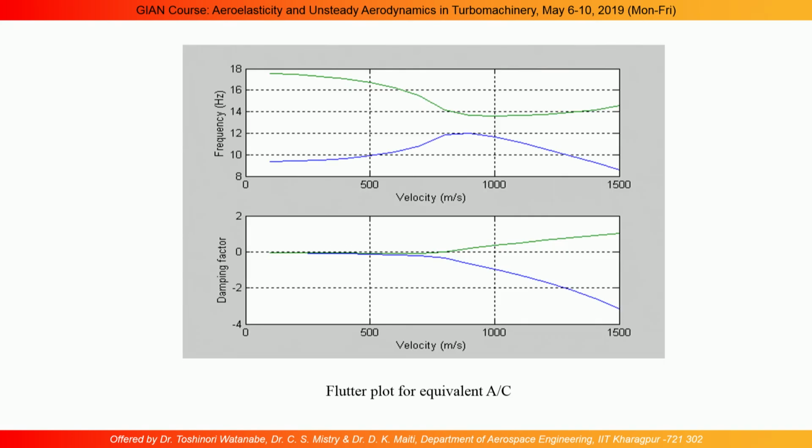If I look at the flutter analysis of this particular model, there is a bending mode and a torsion mode. Usually the bending mode will be lower frequency and the torsional frequency a little higher.